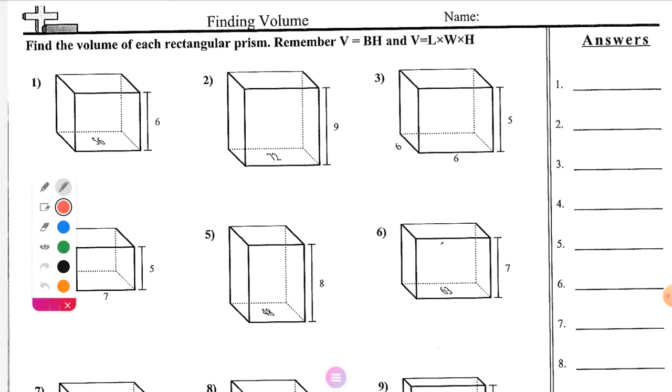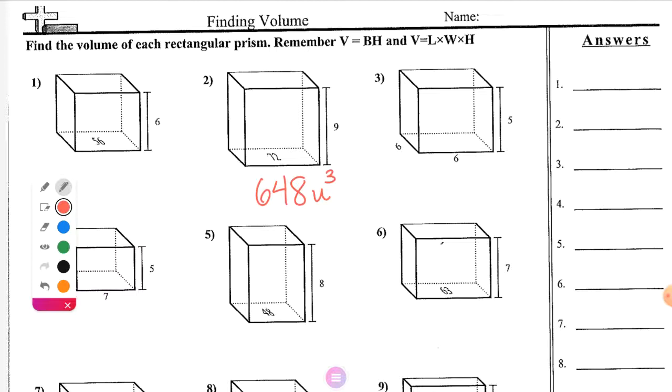It's not the base. That's the area of the base. Okay, the area of the base is 72, so you're right. It's already done some of the multiplication for me. So 72 times 9 is 648. This one didn't tell me a label, so it would be units cubed.